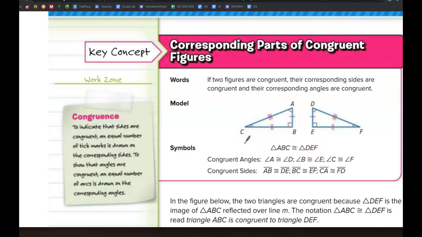So our focus today is writing that correctly. So if you see here on this top line, that's just saying this triangle, ABC, is congruent, which is that equal sign with the squiggly, to this triangle, DEF. Then we have congruent angles and congruent sides. What symbol do they use to show congruent angles?